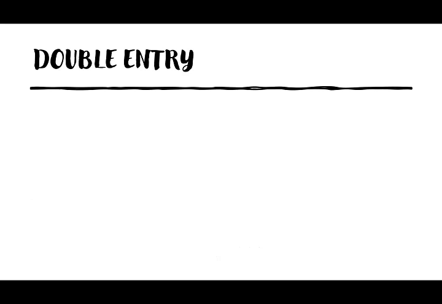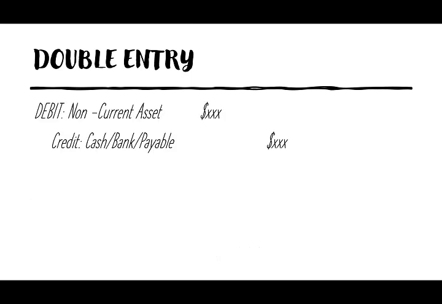So once you have decided that this is our non-current asset and this is the cost of the asset, you have to pass an entry which is debit non-current asset. An asset will increase on the debit side, hence I'm saying debit non-current asset. And the credit can depend on whether you are doing a cash transaction or a credit transaction.